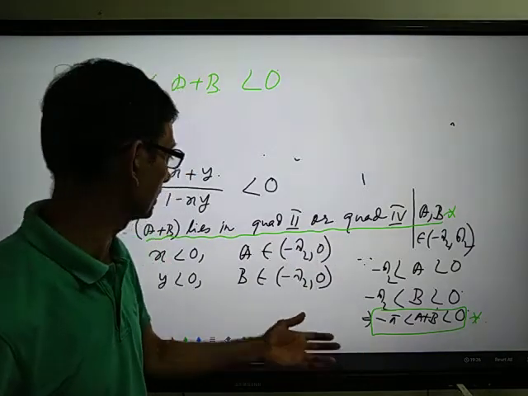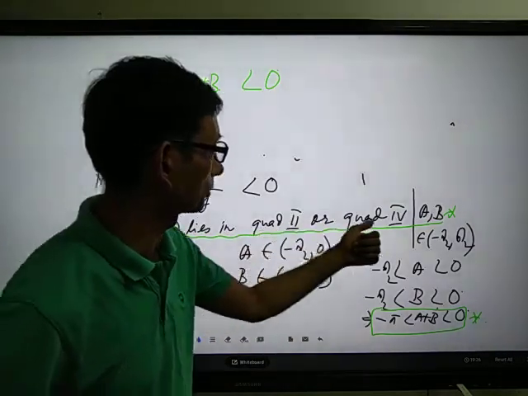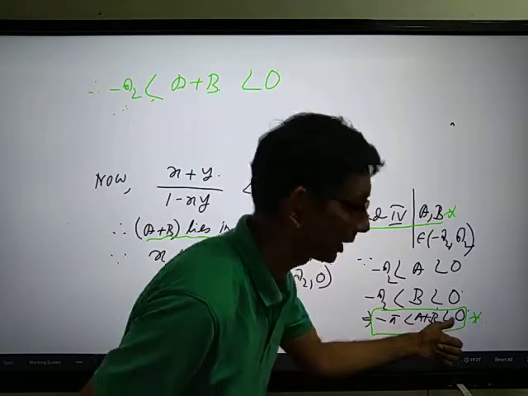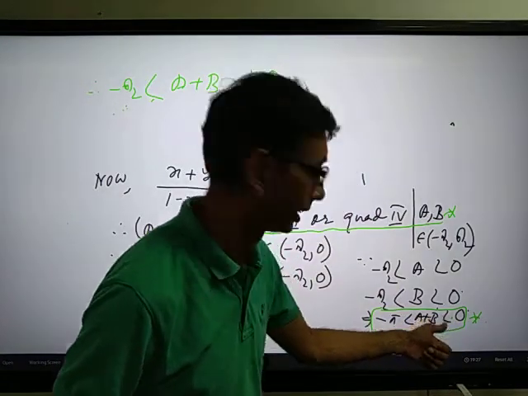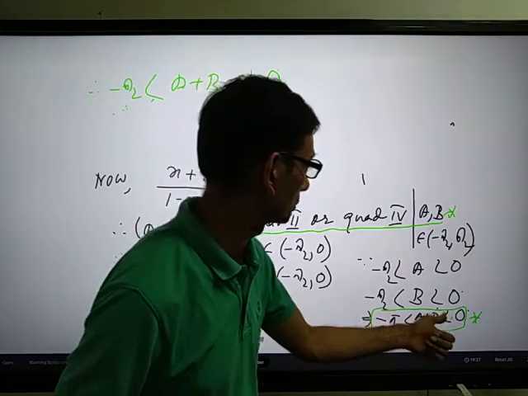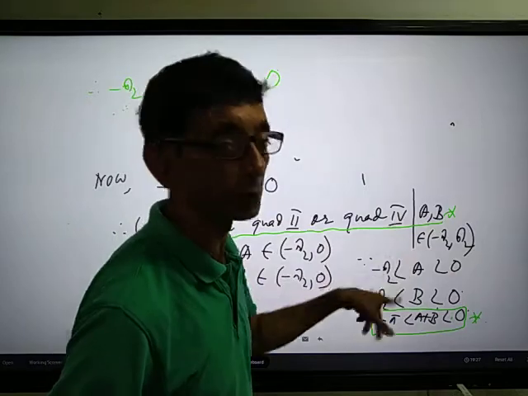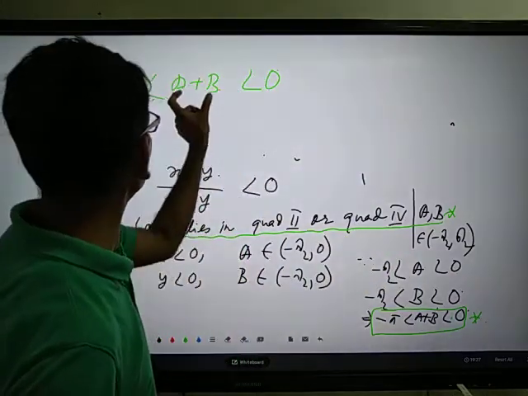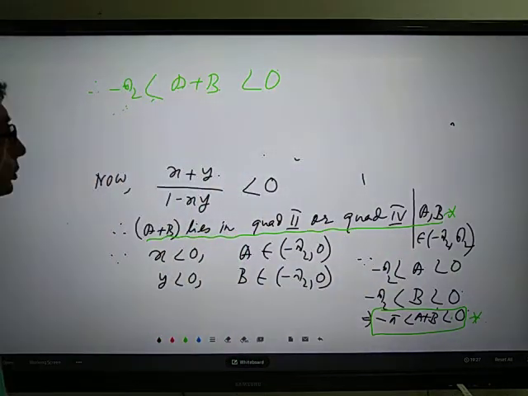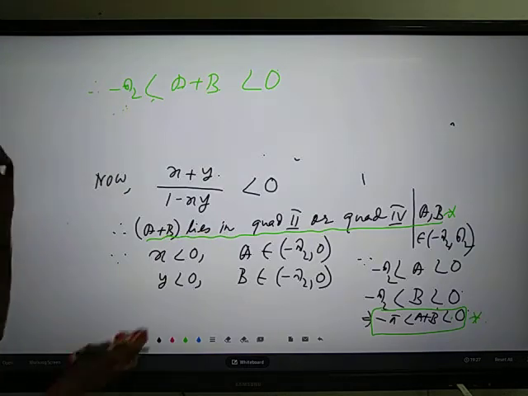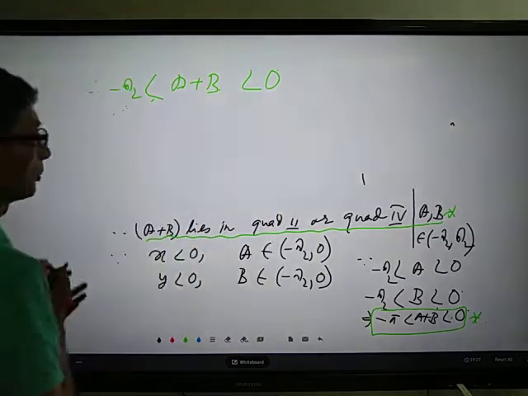Let me repeat one thing: A plus B lies in quadrant 2 or quadrant 4, and with the help of this restriction we got A plus B lying between minus pi to 0. Minus pi to 0 means it will be either third quadrant or fourth quadrant. So fourth quadrant is there, and here also fourth quadrant is there. Fourth quadrant is common, so A plus B will be lying between minus pi by 2 to 0. Since A plus B will be lying between minus pi by 2 to 0, let me write this formula once more.